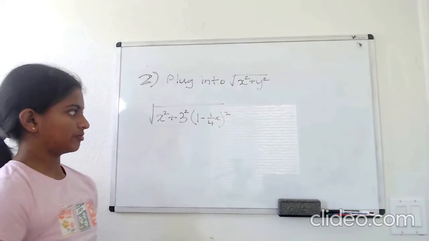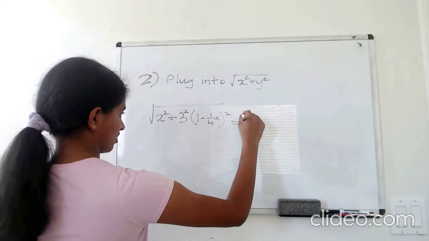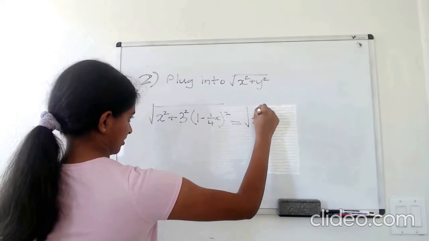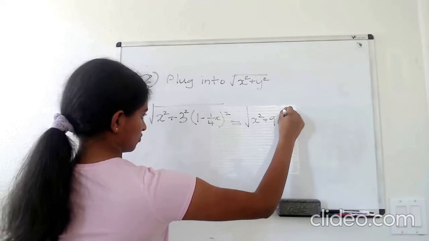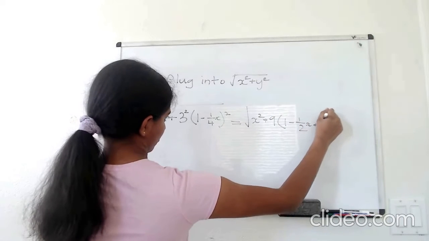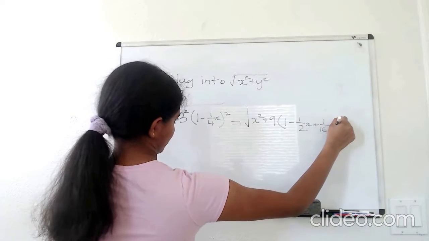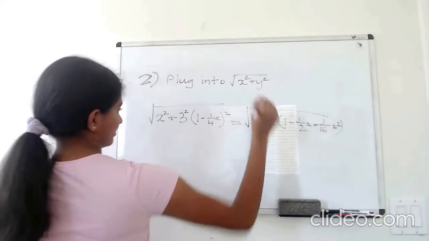That's what x squared plus y squared becomes. After that, we can do just a little bit of simplifying and expanding to get x squared plus 9 times 1 minus 1/2 x plus 1/16 x squared. Okay, we're done with that step as well.